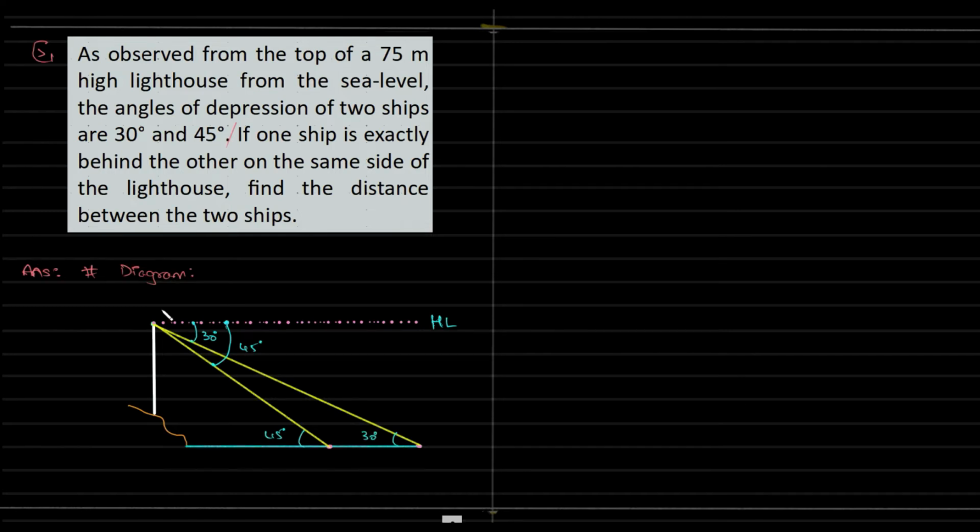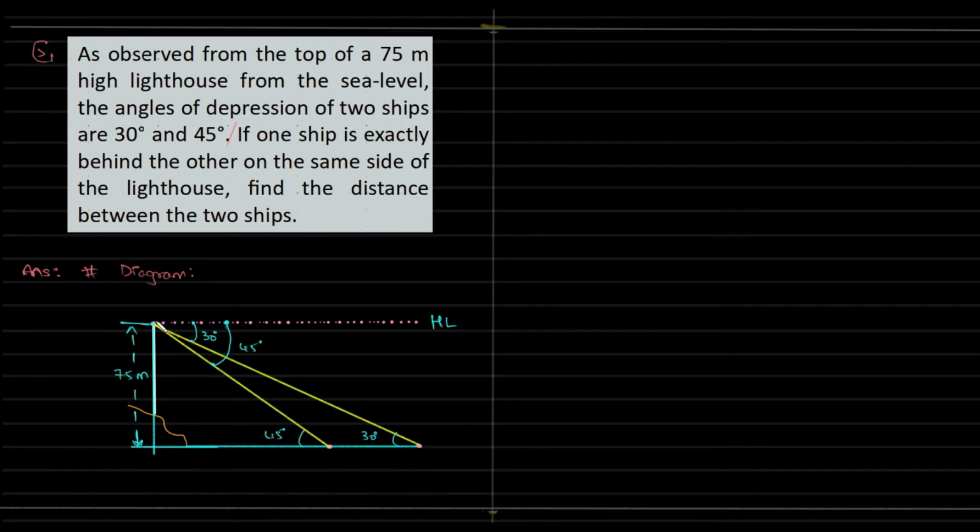Now all I have to do is complete the diagram, extend this. As observed from the top of the 75-meter high lighthouse from the sea level, the measurements happen from sea level to the top.